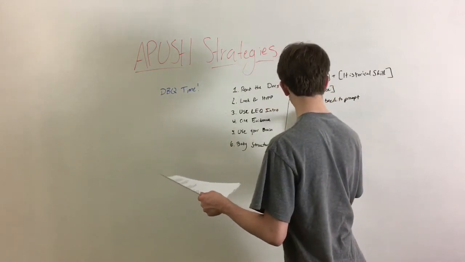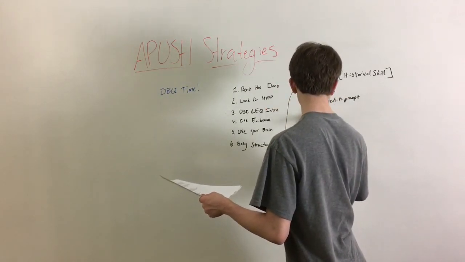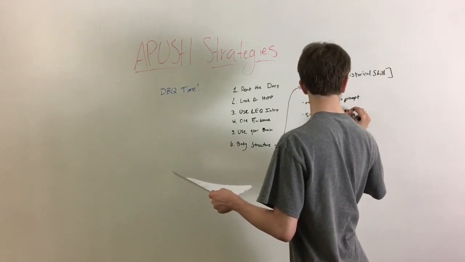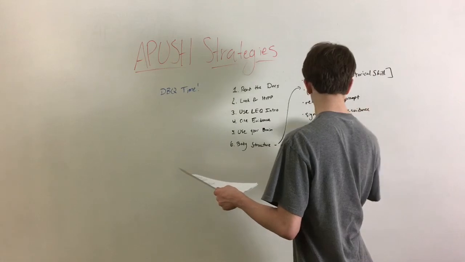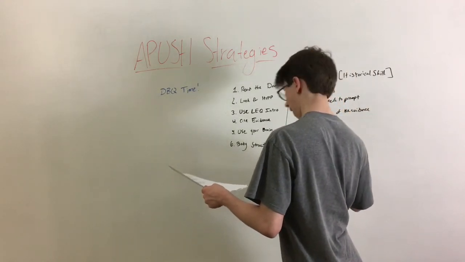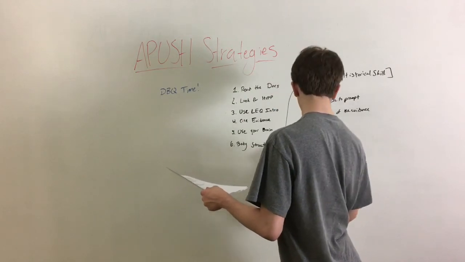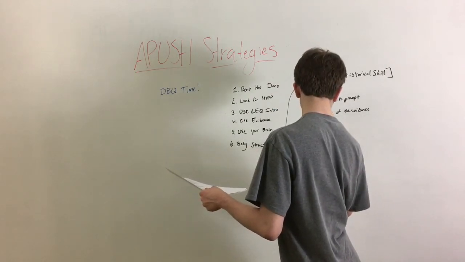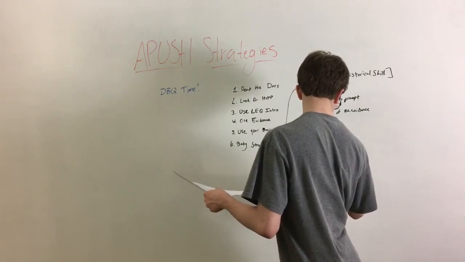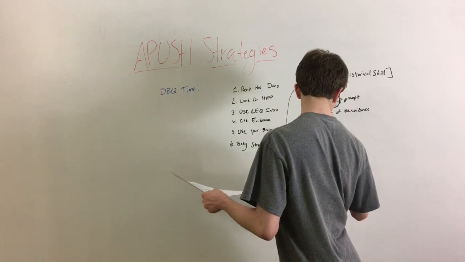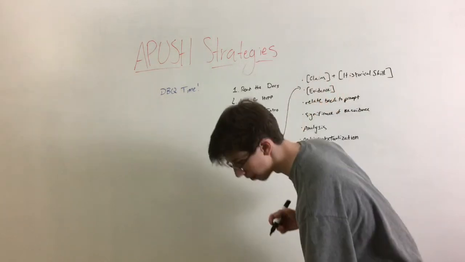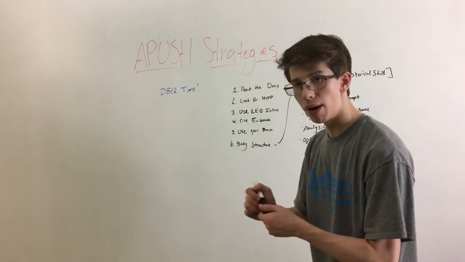Then significance of the evidence, and then your analysis. And finally, optional contextualization. So you can add some post context to the end of your body paragraph.